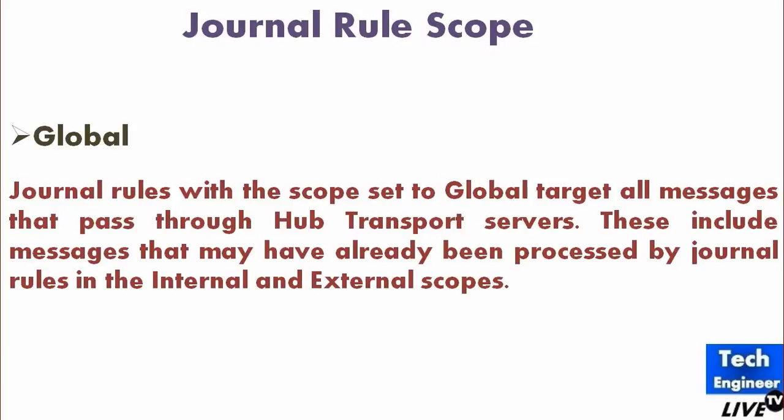So it will be either internal or external, but it has to be processed. It might already be processed by a general rule, but this will be considered global, because in that case all the mails, internal and external, will be part of the global rule scope.